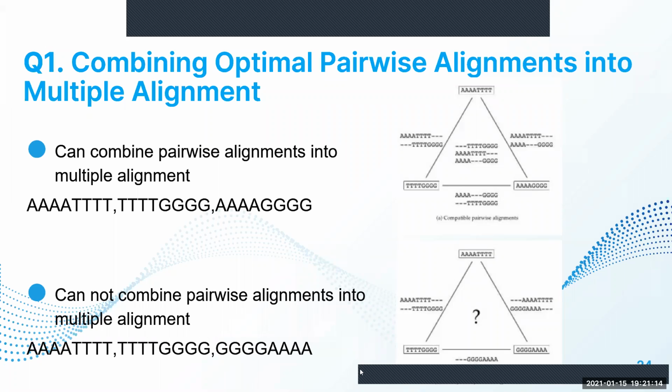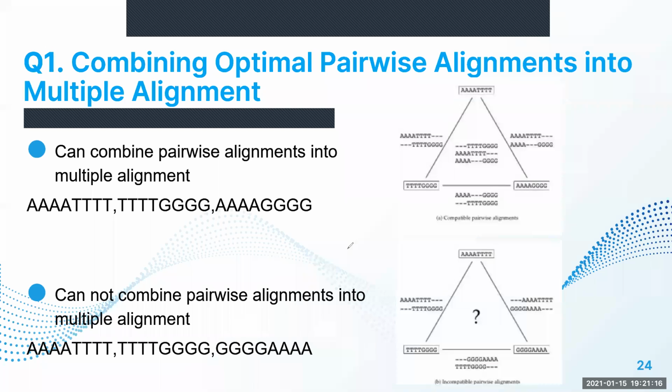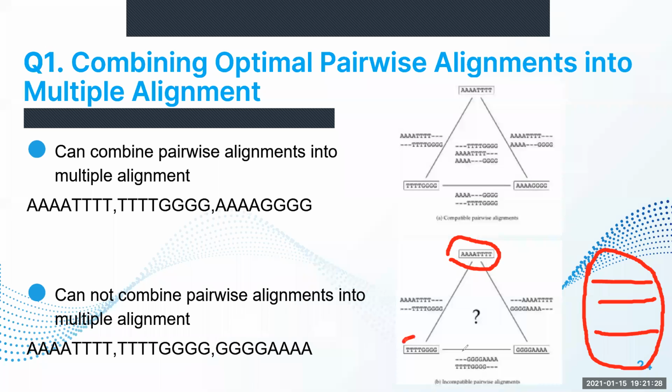You are not considering the whole tree of sequences. You are just considering these two, trying to get the optimal alignment for these two. So one answer is like this.